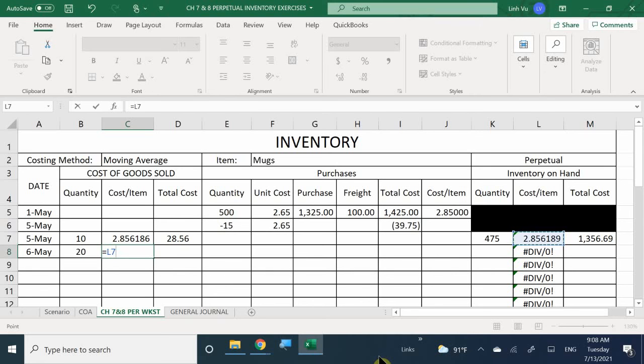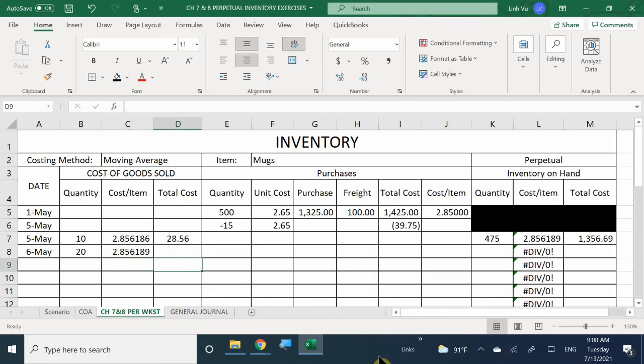I'm asking how much it cost me. 2.856189, correct. So what's my total cost of goods sold if I sold 20 of those items? 57.12. Good.